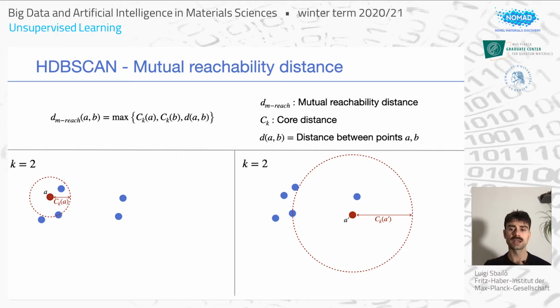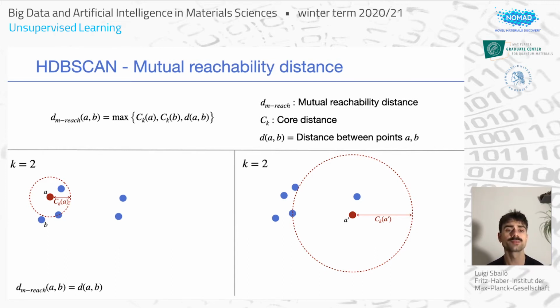And if we then compute the mutual reachability distance of all these particles, this is what we would find in the case on the left. The mutual reachability distance between A and B is equal to the original distance between those two points.